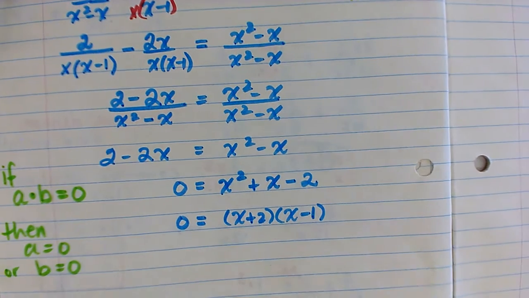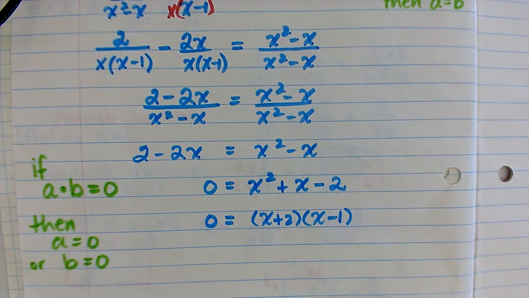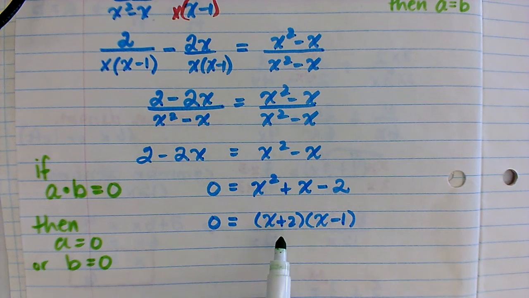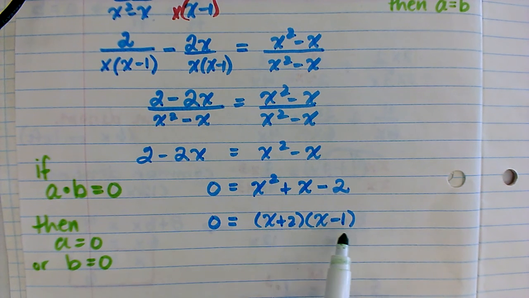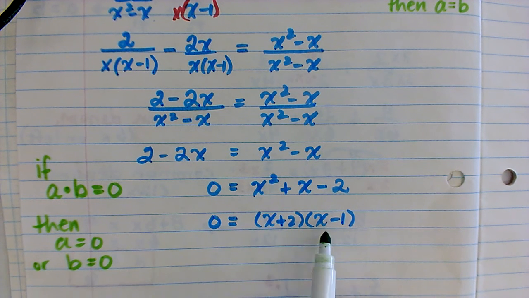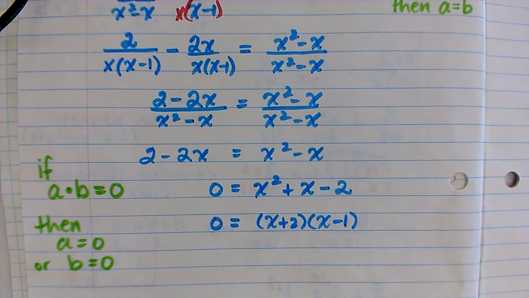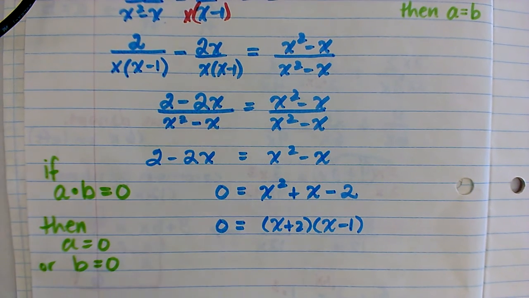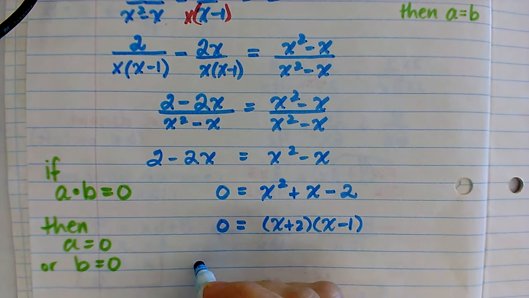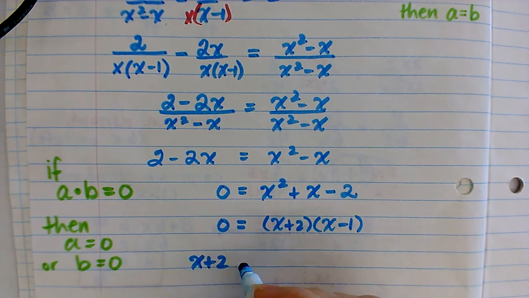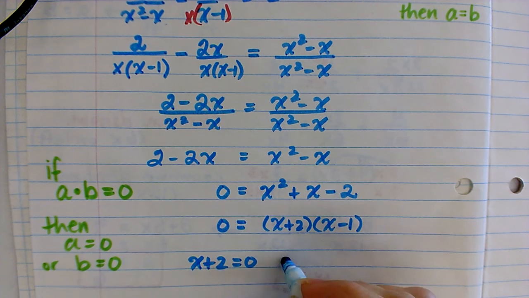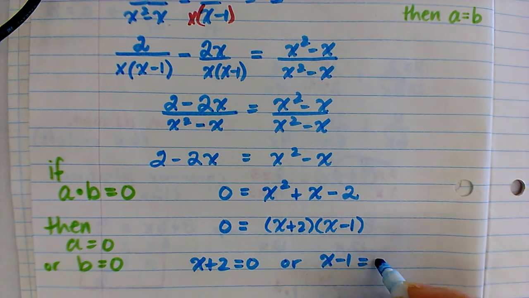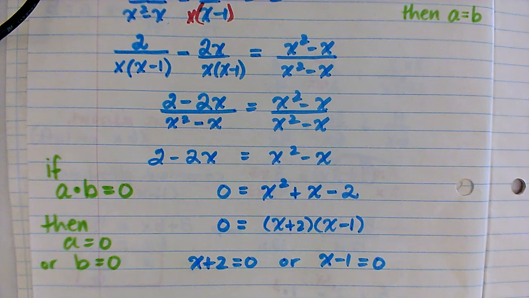One of those two values has to be 0 in order for the product to be 0. So that's where we're at here. We've got x plus 2 as a value, x minus 1 as a value. When you multiply them together, the result is 0. Therefore, based on the zero product rule, x plus 2 is 0, or x minus 1 is 0.